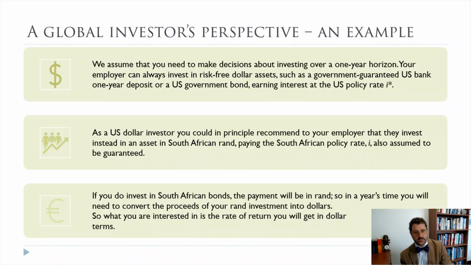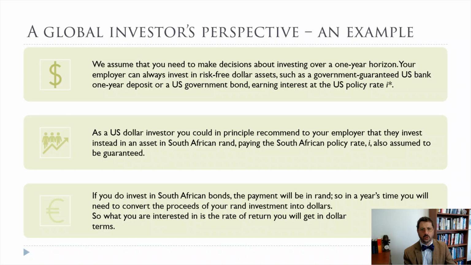And so as a US dollar investor, we can say, all right, I can exchange my dollars for Rand. I can buy the South African bond. In a year's time, I will get my Rand back plus 6.5%, but then I need to turn it back into dollars. Did I get that 6.5% in dollar terms or did I not?